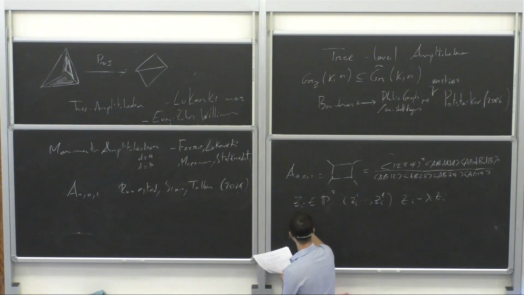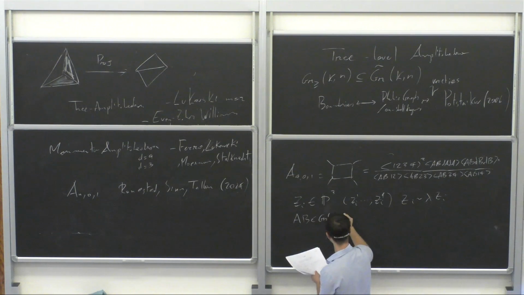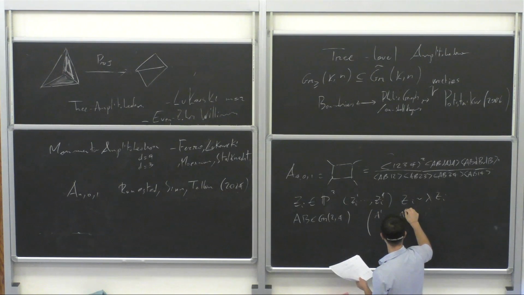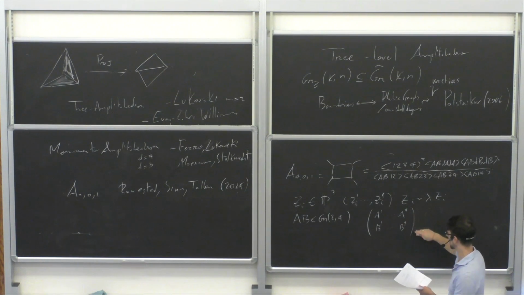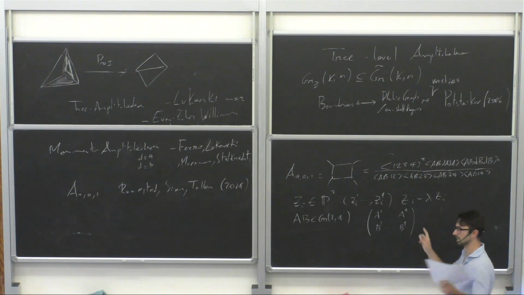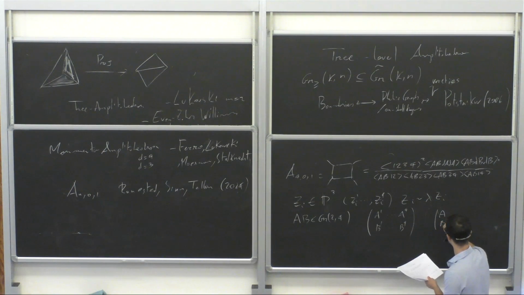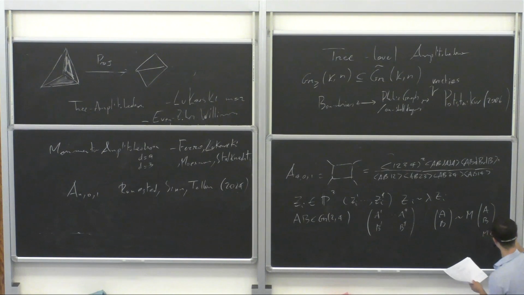Then the loop degrees of freedom will be captured by an element in Gr(2,4), which is a matrix (A1...A4; B1...B4). So it's a 2x4 matrix. A line essentially can be captured by two points, but then I can slide this point along the line and identify the same line. So the two points AB will identify the same line if I multiply AB by a matrix M, where M is in GL2.